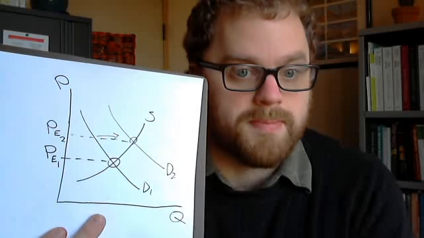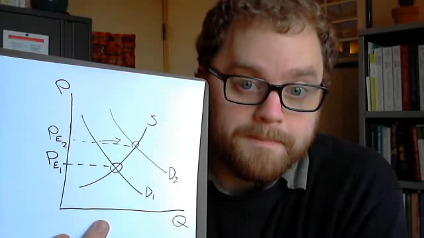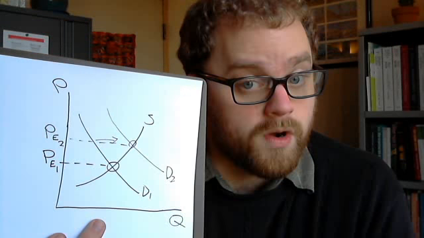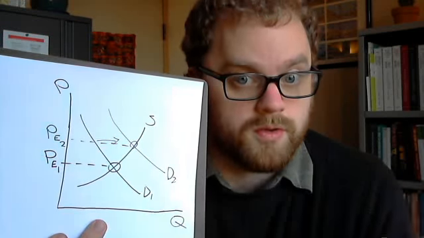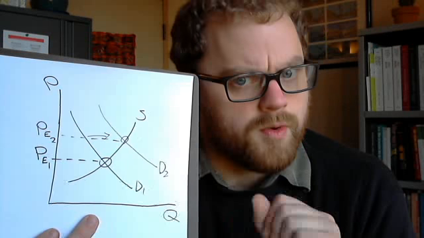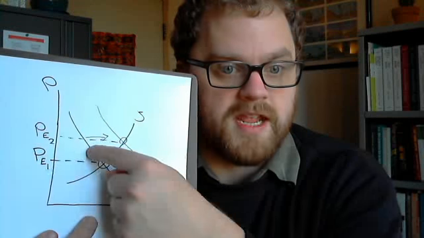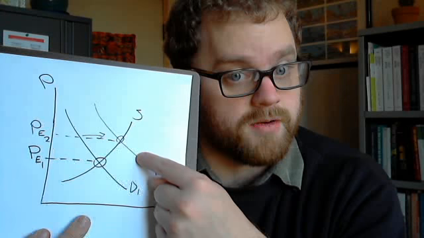More consumers want to buy whatever product this might be, so why wouldn't firms supply more of it, take advantage of additional business they could be doing. All right, well, that would make sense, right? So we could have an increase in supply represented here as well.